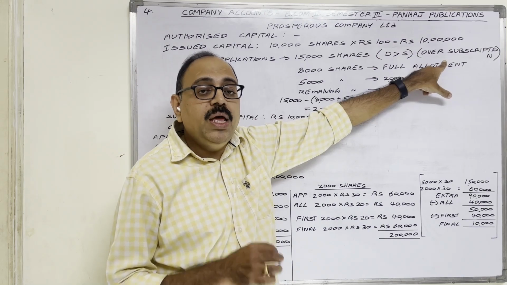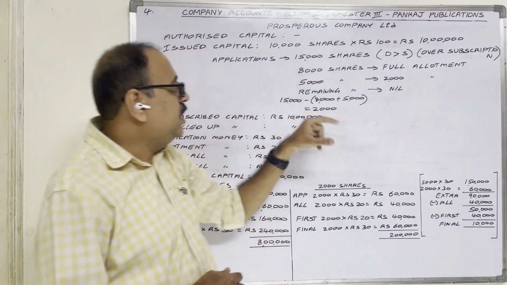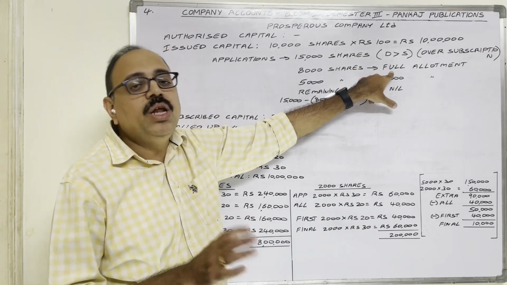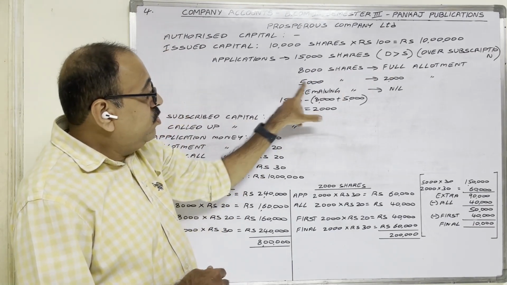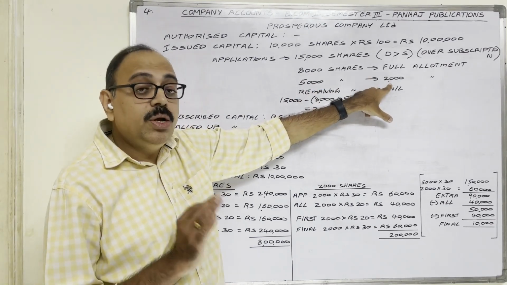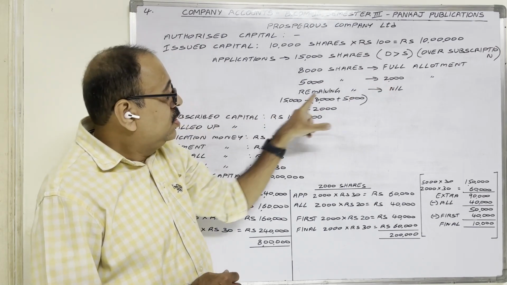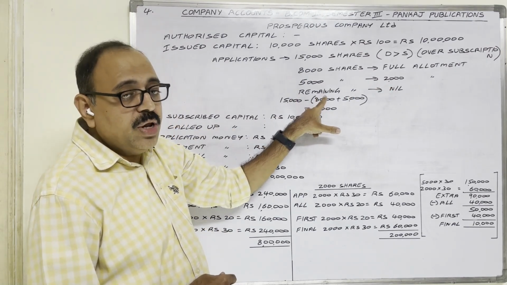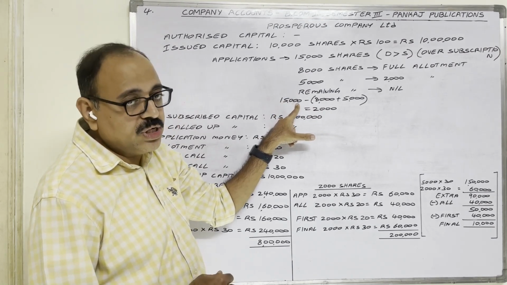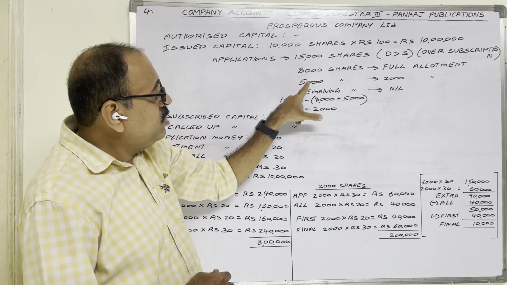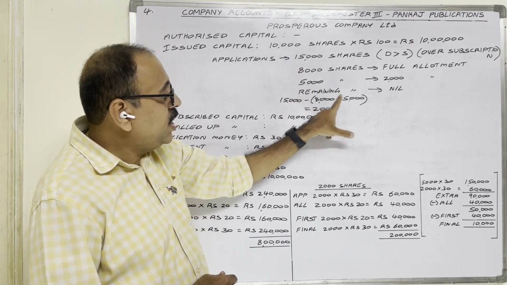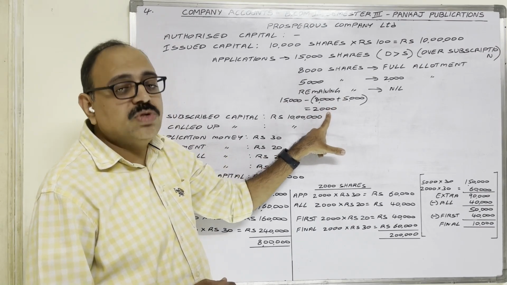And how did the company allot these shares to them? To the 8,000 shares applicants, the company allotted fully. To the 5,000 shares applicants, the company allotted only 2,000 shares. Remaining: total applications came for 15,000. 8,000 plus 5,000 is 13,000, so 15,000 minus 13,000 is 2,000 shares.